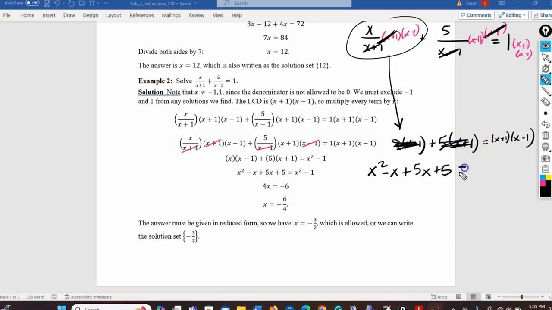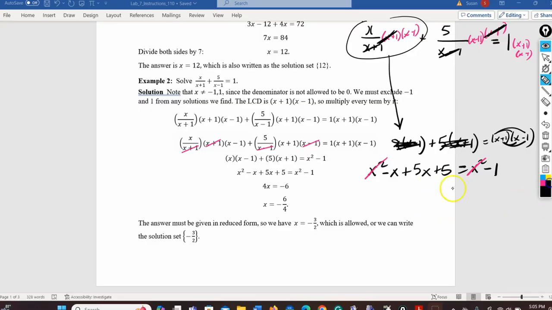Then equals, and here I'm going to have to FOIL. X times x is x squared, then I'm going to get minus x, then plus x, so they cancel, and then minus 1. And now the x squares are going to cancel each other. Or if I subtract x squared from both sides, they're gone.